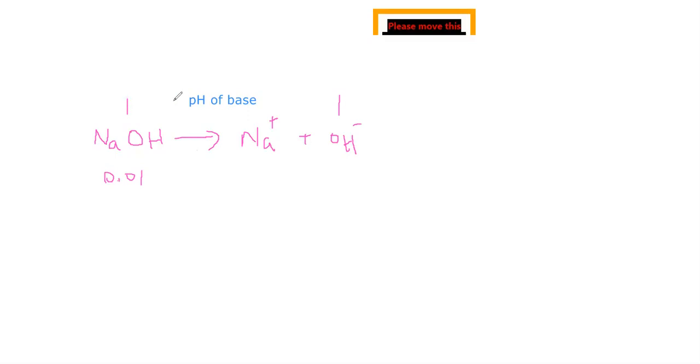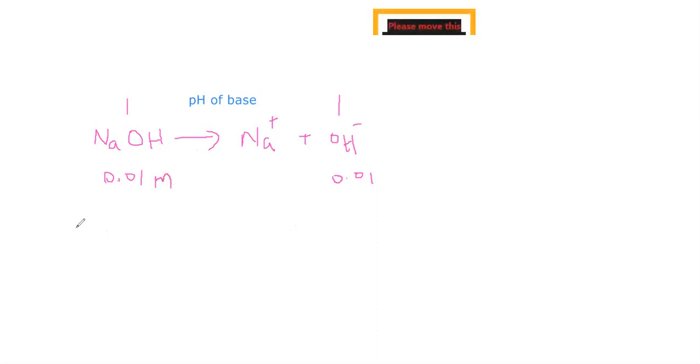If it is 1 mole, this is going to release 1 mole of the hydroxyl ion. If it is 0.01 mole, of course, this would release 0.01 molar of the hydroxyl ion concentration. So this is the first step you have done over here.